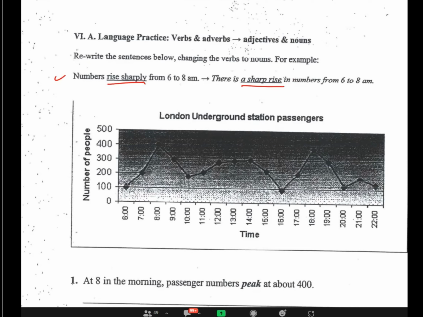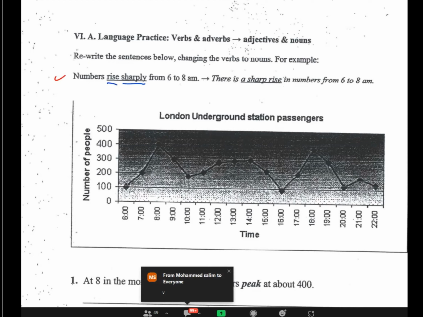Okay, now let's look at these parts of speech here. What is rise here? It's a verb. And what is sharply? Adverb. So the adverb comes after the verb, as we discussed.